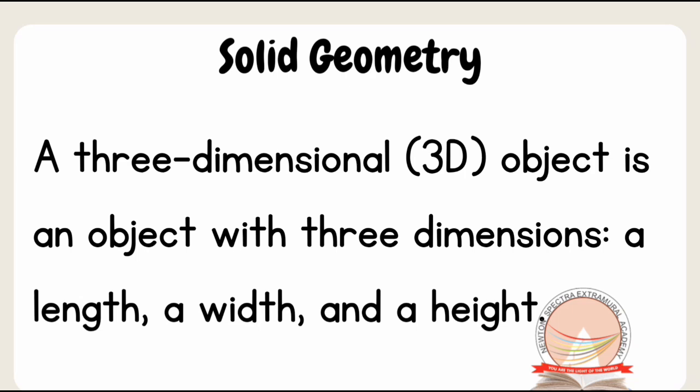Solid geometry is also known as three-dimensional shape, and it involves an object with three dimensions such as length, breadth, and height. It also involves an object with edges, corners, and faces.